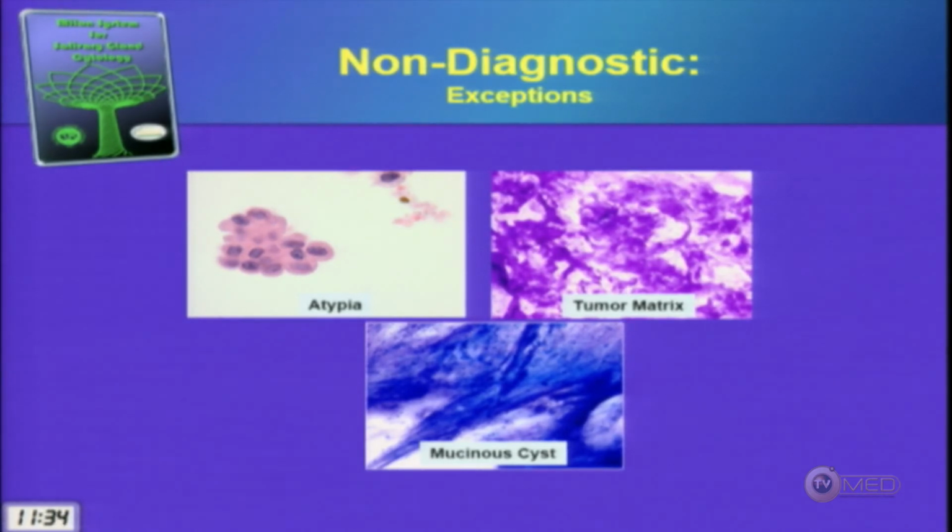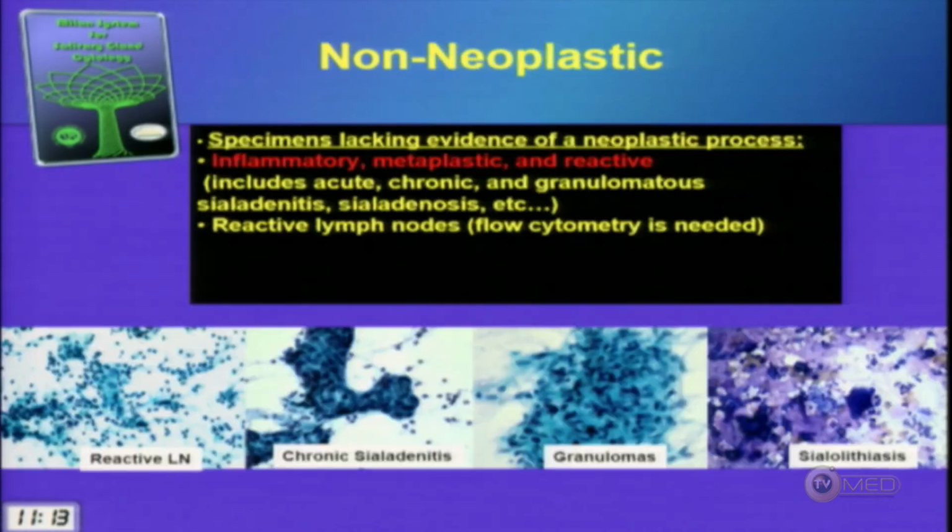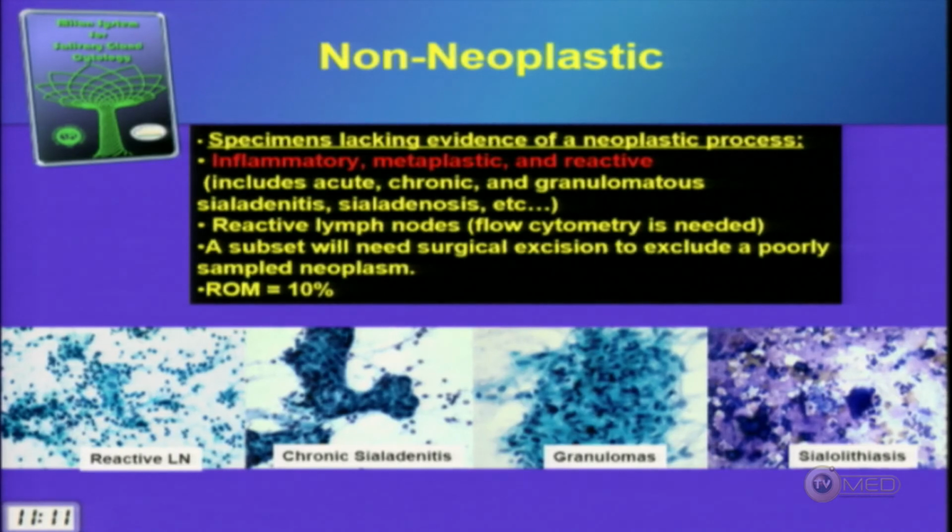Also, if you do an aspirate and you only get matrix material without sufficient numbers of cells, we would not call this non-diagnostic. We would put it into the neoplasm category, because this probably represents a pleomorphic adenoma. And then the third exception is if you get cyst contents that is mucinous, that should be in the atypical category, because we cannot exclude a mucoepidermoid carcinoma.